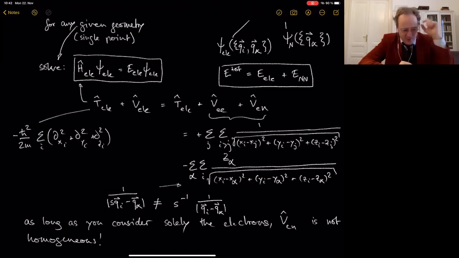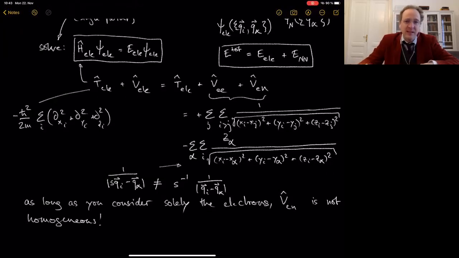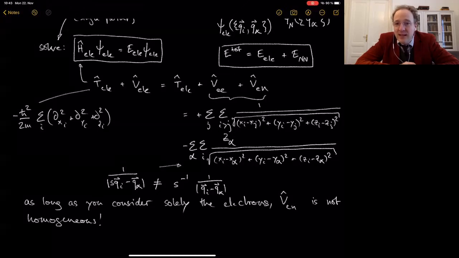So is there something we can do nevertheless? And it's actually quite obvious. We restrict ourselves: we cannot really separate the electrons from the nuclei for this, but rather we have to have something like a joint Virial theory, where we treat electrons and nuclei on the same footing.